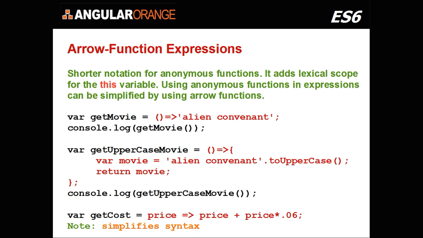Then if I log that, it'll be the movie in uppercase. Also, if you have a function called getCost and it only has one argument, you don't need the left paren and the right paren. You could just define it to be price times 0.06, and it simplifies the syntax.